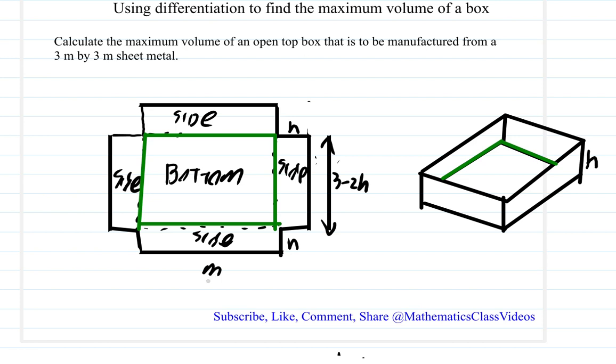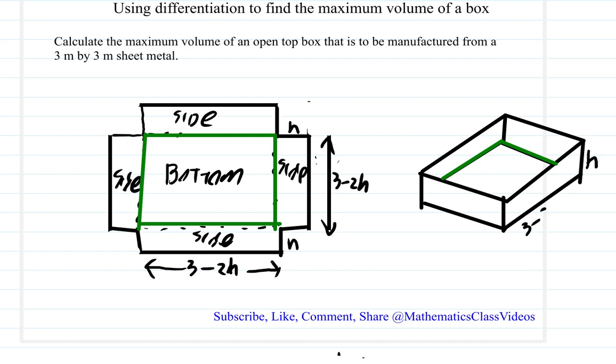This now would also be 3 minus 2h. Remember, this height is h, this is h, this is h, because we're folding it. So now we have height h.